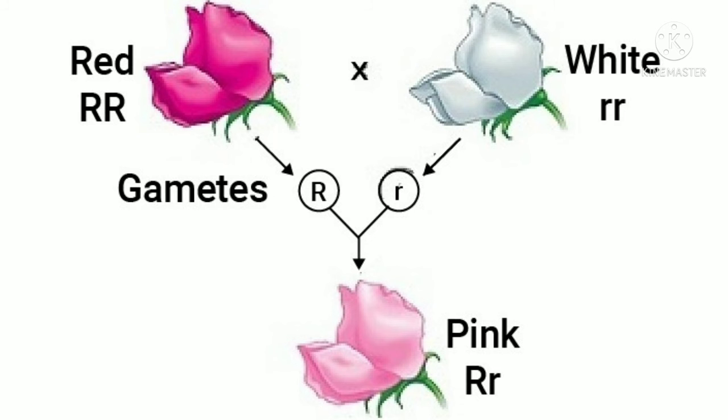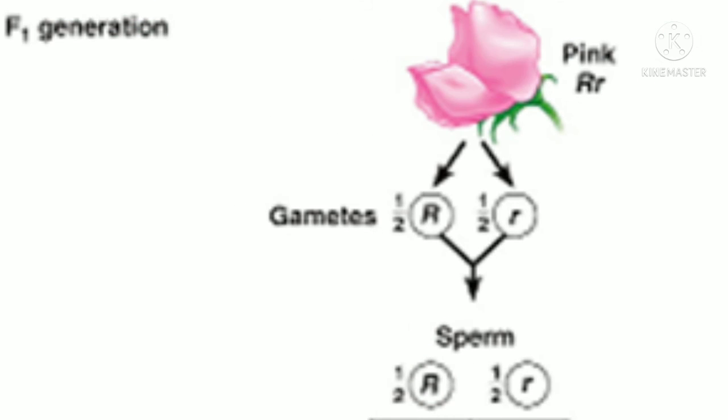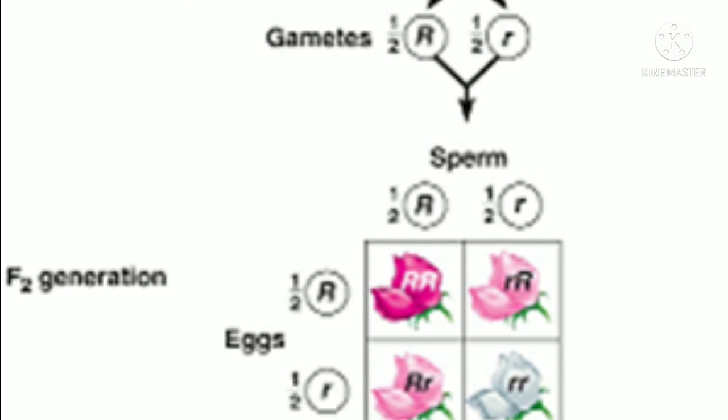When a red-flowered plant was crossed with a white-flowered plant, the resultant F1 generation were all pink-flowered. When this F1 was self-pollinated, the F2 formed in the ratio 1:2:1. That is 1 red, 2 pink and 1 white-flowered plants.